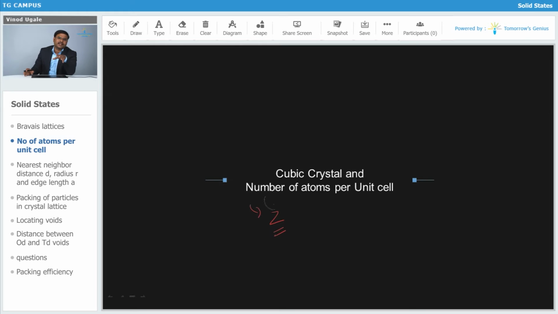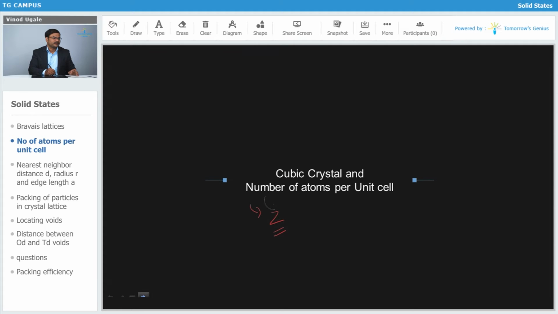Generally we study these three systems, but in examination a question can be asked on the hexagonal also. So that is a very important part of this chapter, because we are not only going to focus on the cubic system, in addition we are also going to study the hexagonal type.